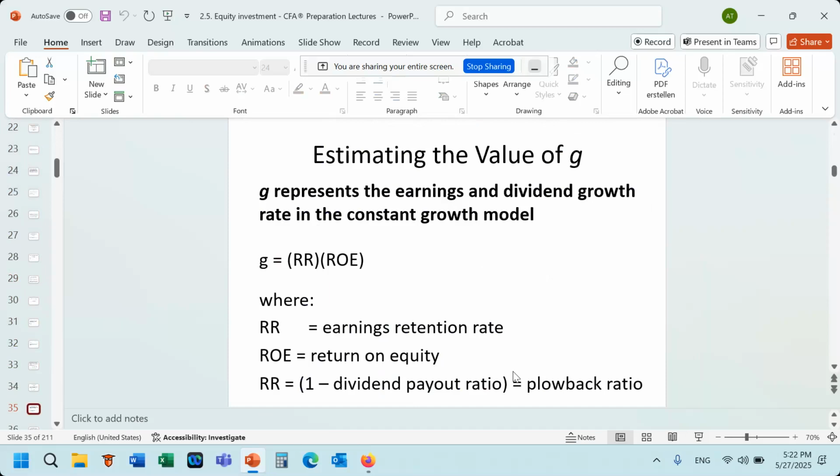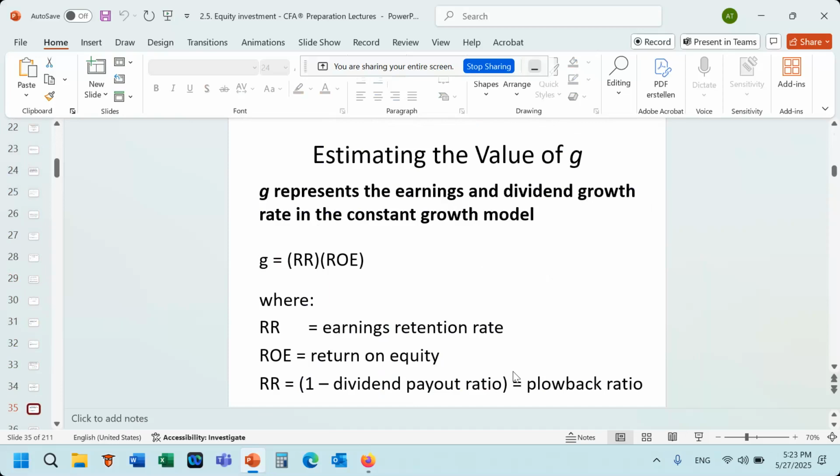We buy more factory and machines with it, and we expand our business. So if we keep 40% of the profit, our retention rate of profit is 0.4, and this 0.4 contributes to growth. And we assume that we generate the same sort of profit, accounting profit, that we did last period.